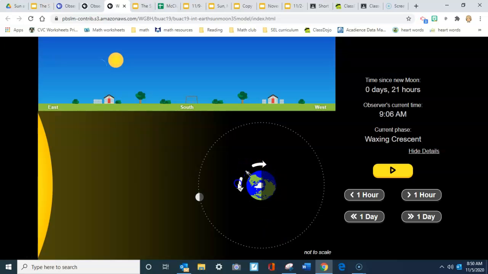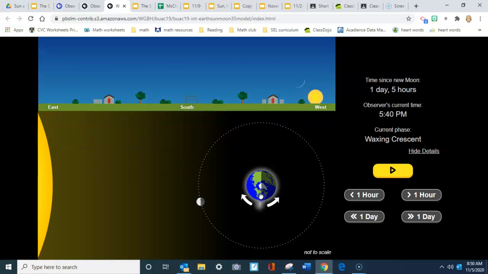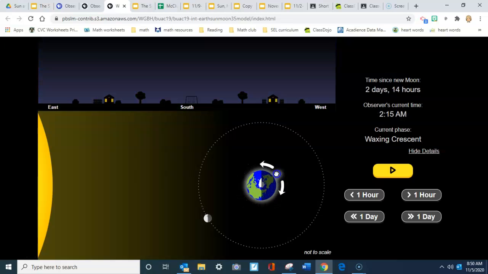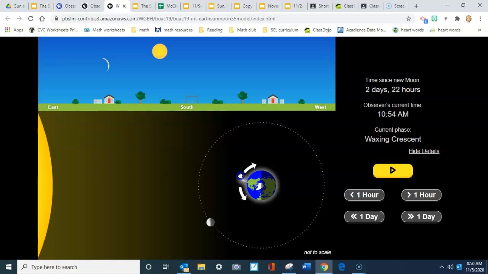And I notice as I turn this, I'm rotating the Earth, right? But is that what is causing the moon's phases to change, that I'm rotating the Earth? Because what else is happening as I rotate the Earth?